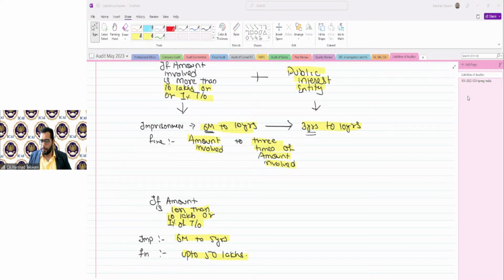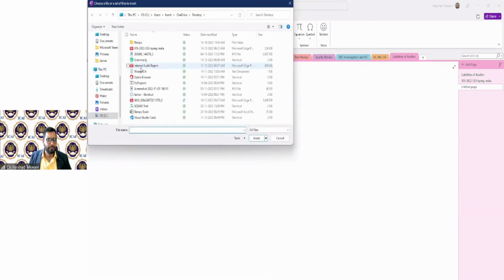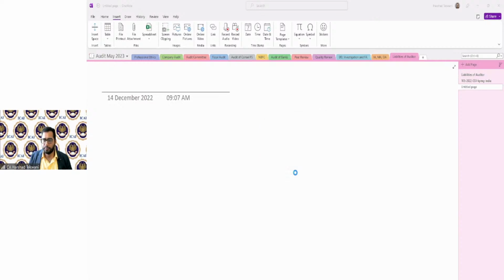I would like to show you something more: a recent order by NFRA. It's a notice or order issued by NFRA which discusses the liability side of an auditor, just to give you clarity.